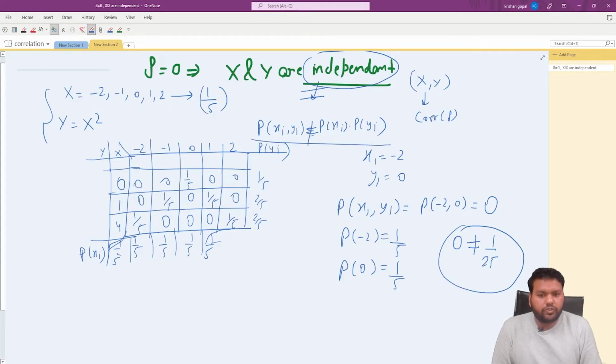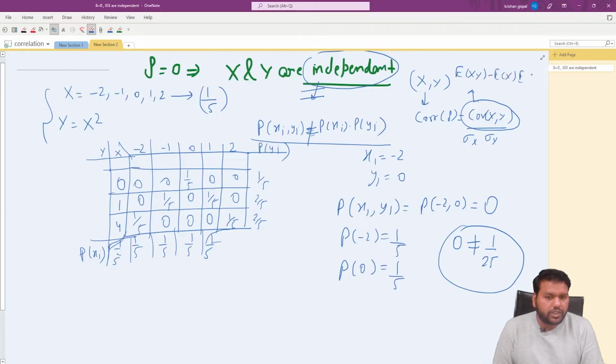Now let's try to find the correlation between them. To find the correlation, we already know the formula: covariance of x comma y divided by sigma x and sigma y. So first I need to find the covariance, and the formula of covariance is expectation of xy minus expectation of x expectation of y.